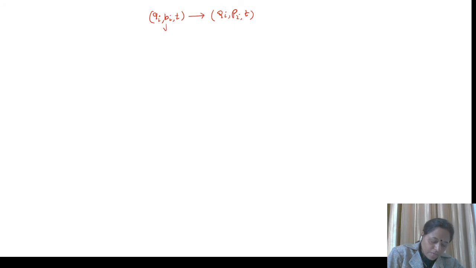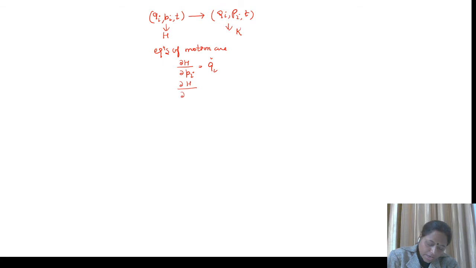For this we have Hamiltonian H, and for this we have Hamiltonian, say, K. So corresponding to the old system, the equations of motion are delta H by delta Pi is equal to qi dot, and delta H by delta qi is minus Pi dot.